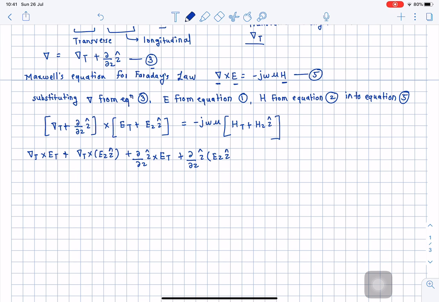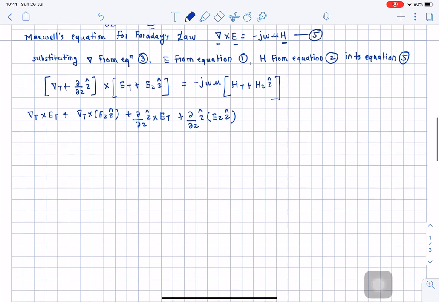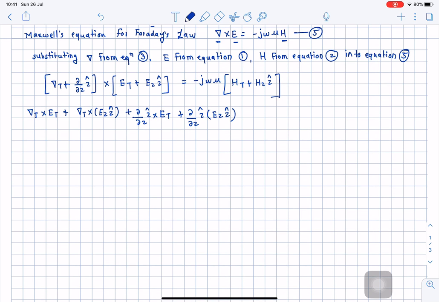I took all the multiplication of the bracket terms on the left hand side, and similarly on the right hand side I will write minus j omega mu into the bracket Ht, the transverse component, and Hz z cap. Let us call this equation number 6. So we observe this equation number 6 very carefully, and we will study it first.